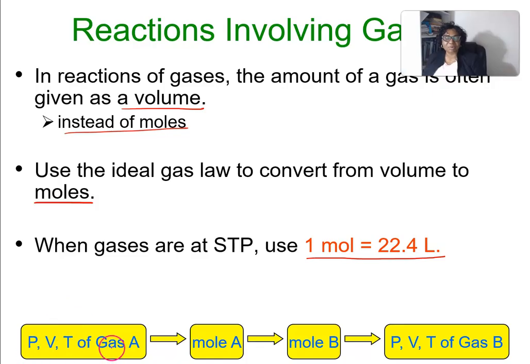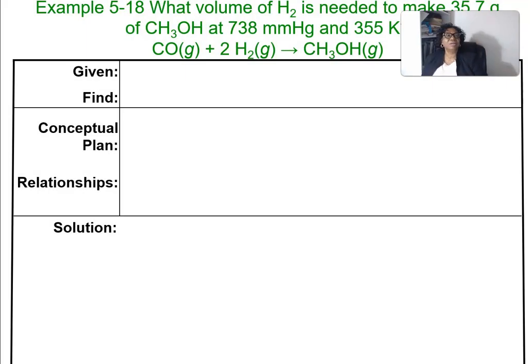So our plan can be, we move from the pressure, volume, temperature of gas A to moles of gas A, to moles of gas B, to pressure, volume, temperature of gas B. So that's the plan. Let's take an example.